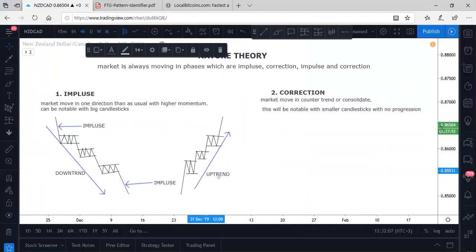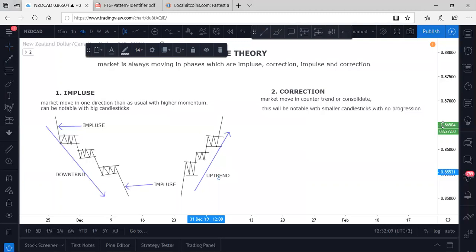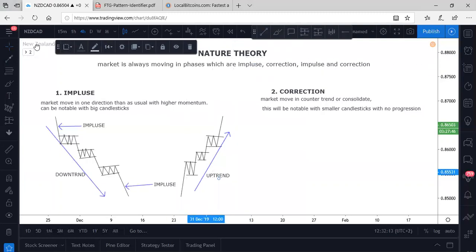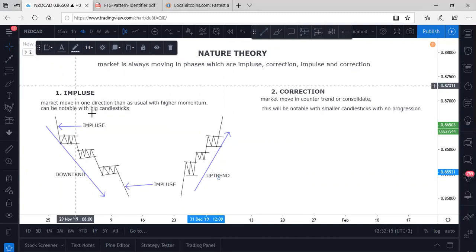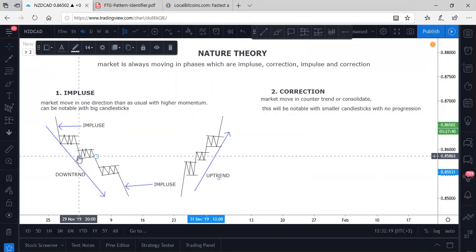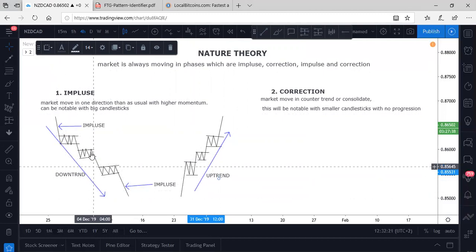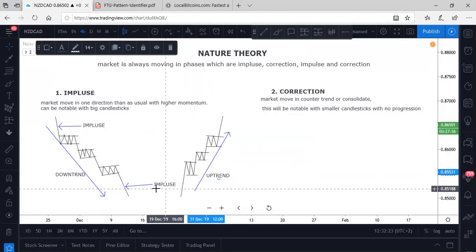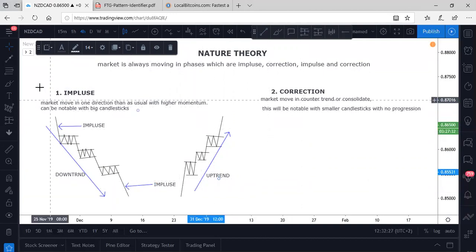So as you all can see here, we have identified the downtrend impulses, which are this one. Let us see about correction.